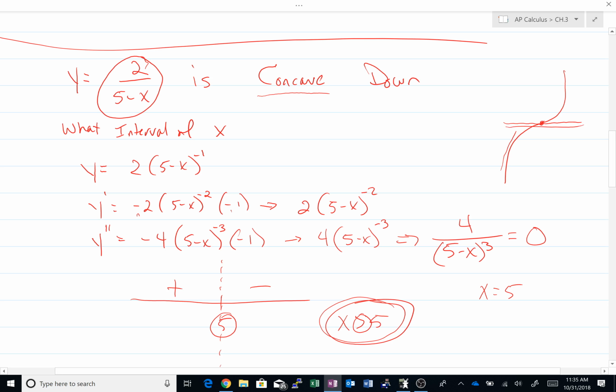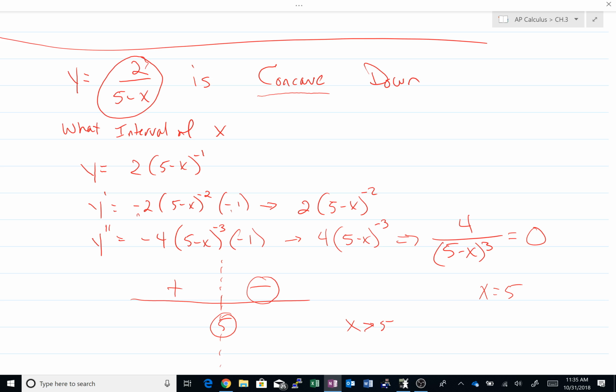Yes? So wouldn't it be concave down? No, concavity is where the second derivative is negative. No, I'm sorry, I was talking about the answer being x equals 5. But can it ever be greater than or equal to 5, or whatever the point of inflection is?